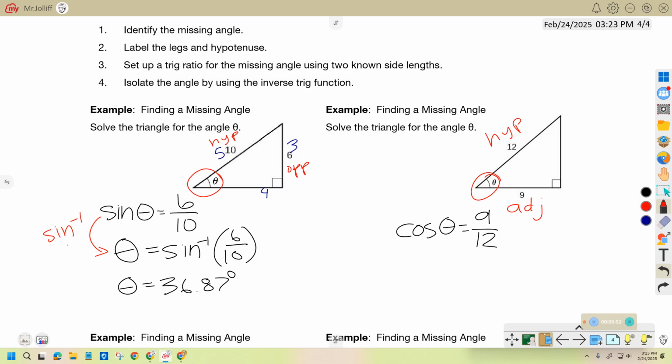Liliana, how do I undo a cosine? Yes, very good. Inverse cosine. So theta is cos inverse of 9 over 12. What is cos inverse of 9 over 12?